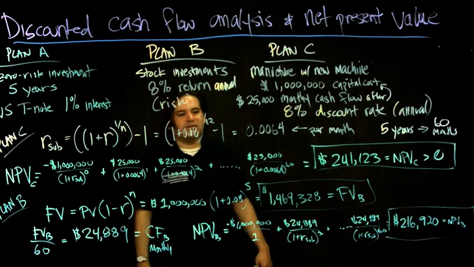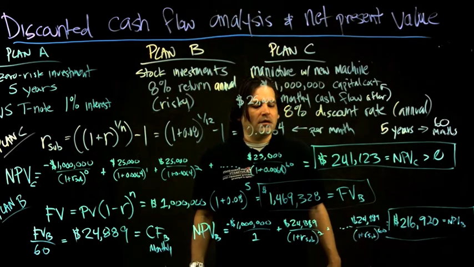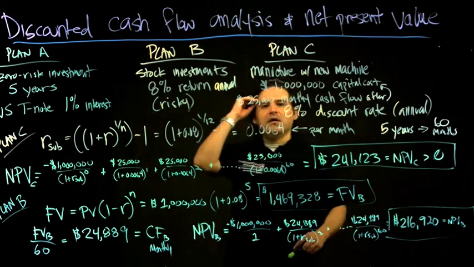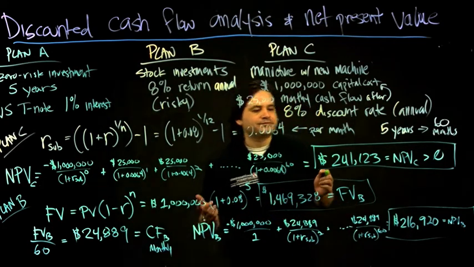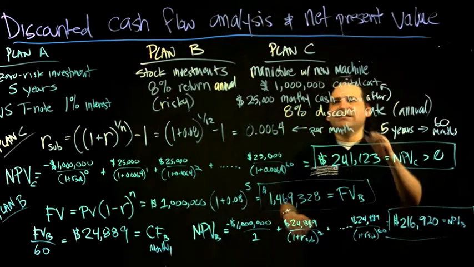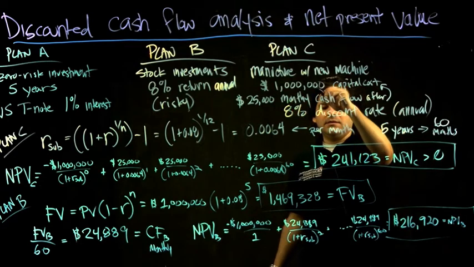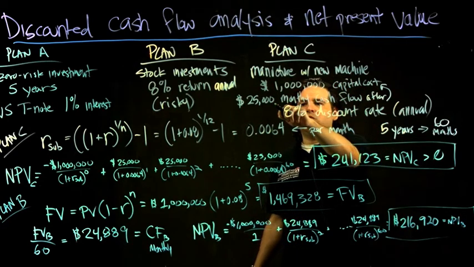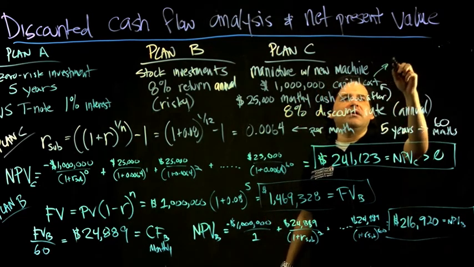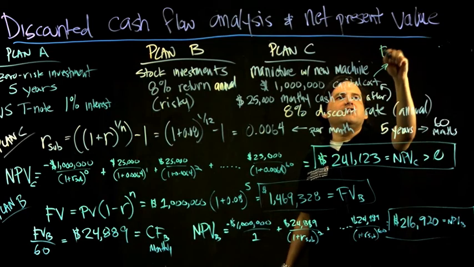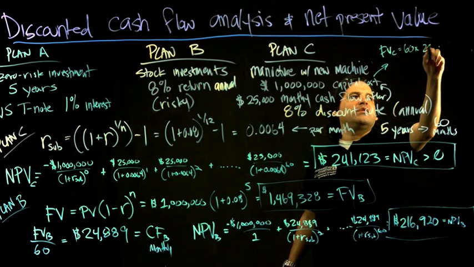So that's interesting. Even though the future value is higher than this, and if you want to calculate the future value of Plan C, if we're saying that we're going to have $25,000 monthly cash flow, then the future value of C would be 60 times $25,000.